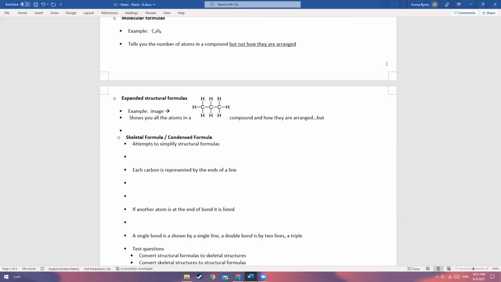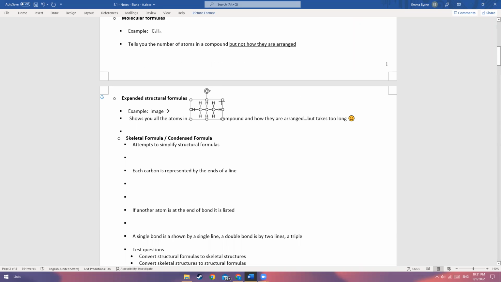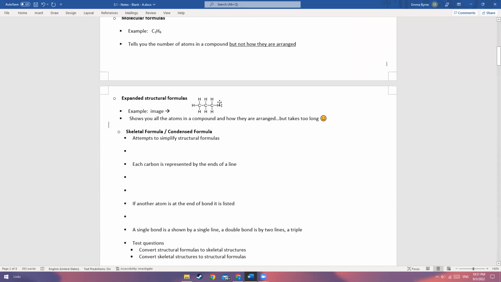But I'll put a disclaimer here, it takes too long. There are better ways. I'll actually make this a little smaller just so it's not cutting into my writing here. So that is the expanded structural formula. It shows all the hydrogen atoms, shows how everything's arranged.